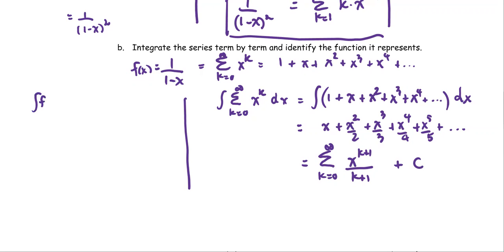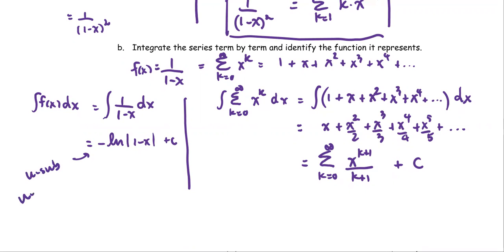The antiderivative of the function f of x with respect to x, or the antiderivative of 1 over 1 minus x with respect to x, is negative natural log absolute value of 1 minus x plus C, as we use the u-substitution technique for u equals 1 minus x and the differential du is negative differential dx. Therefore, this summation is the same as negative natural log absolute value of 1 minus x plus C.